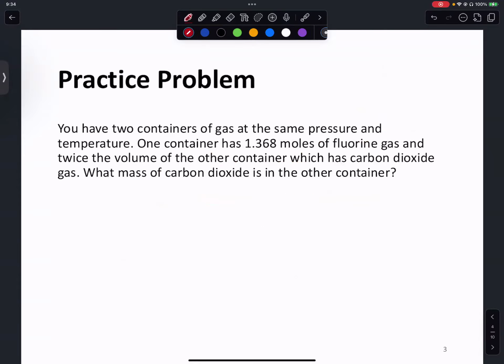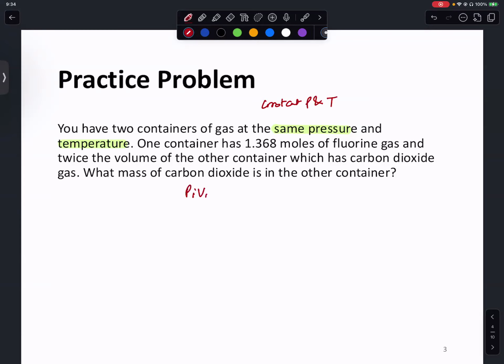Now let's see how we can apply the combined gas law to problems. Say we have two containers of gas at the same pressure and temperature. So let's write here a note: constant pressure and temperature. What does that mean?